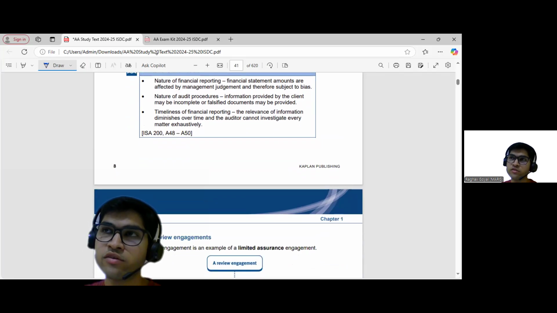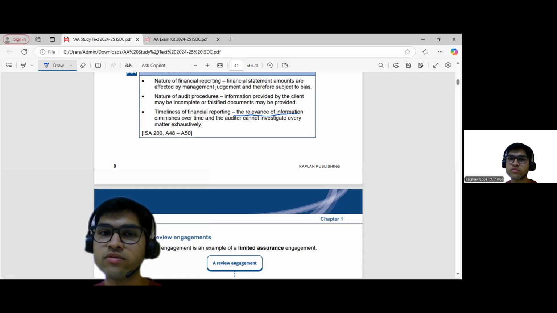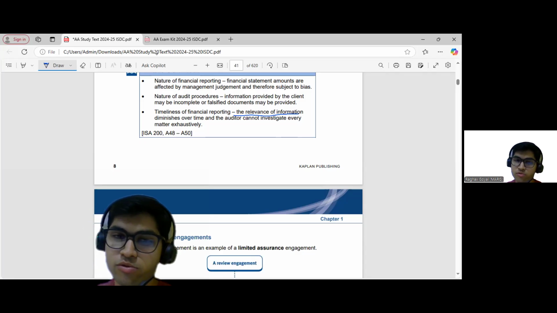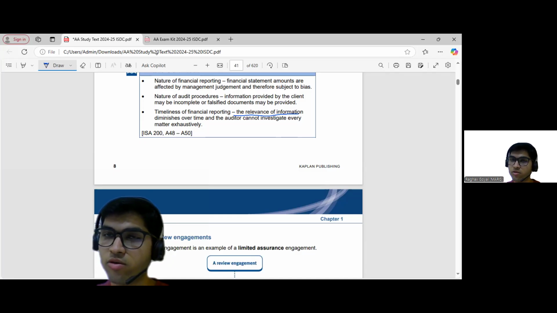And relevance of information. This is a good point. For example, if your year end was 31st December 2024, and you audit each and everything properly, with a view to giving a very good and strong report, saying we tested all of these things, we performed substantive procedures, and this is our audit report.